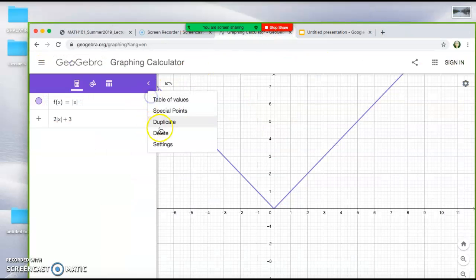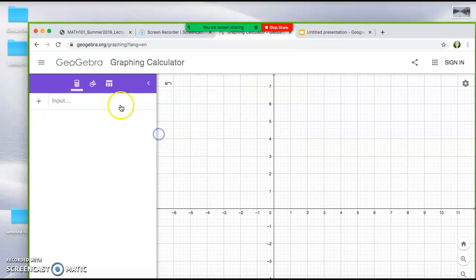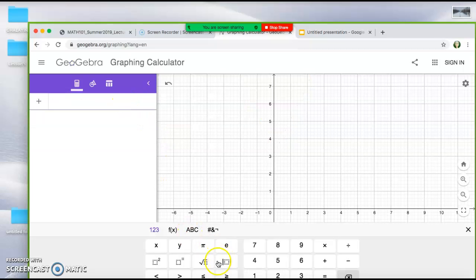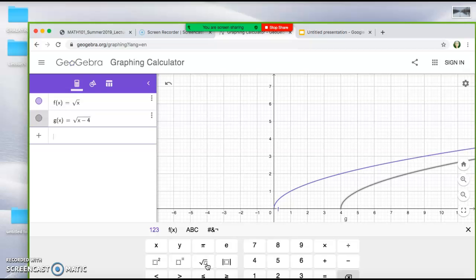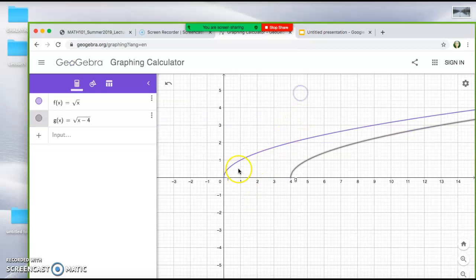Okay, so let's go ahead and graph. So here we have the square root of x. Then we're going to graph the square root of x minus 4, and let's see what happens. The original graph is the purple one over here, our graph of square root of x starting at 0, 0. And our gray graph represents g of x, which is the square root of x minus 4.